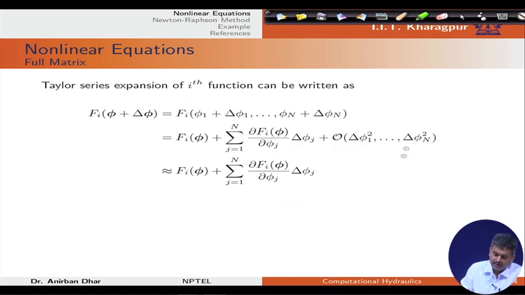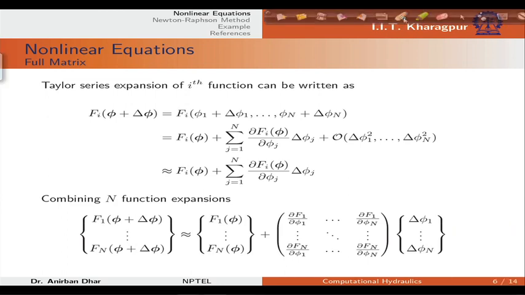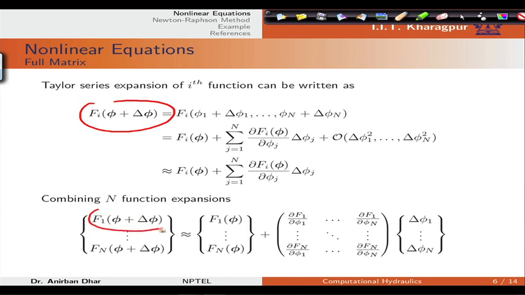Now, combining n function expansions, let us say that we have used it for the ith function. Let us write it for the first one, the nth one, and in between for all the functions.